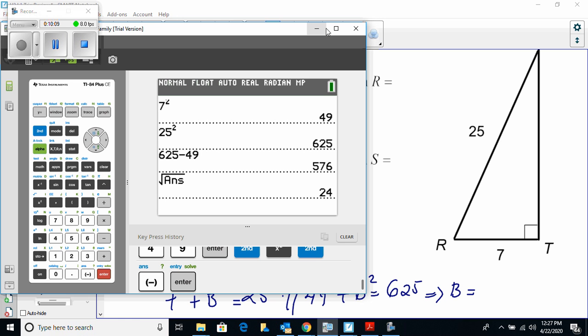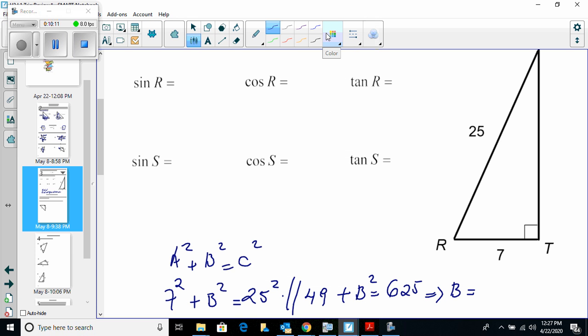And it is 24. So the side that we are looking for is 24.